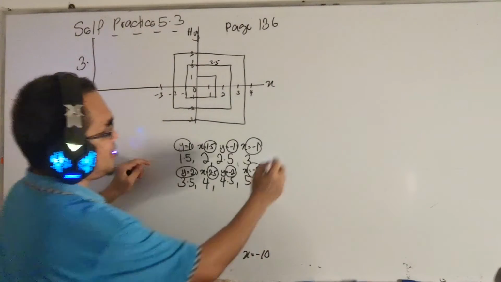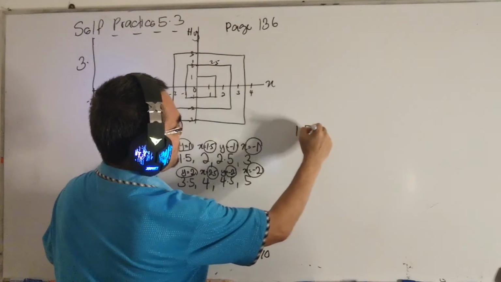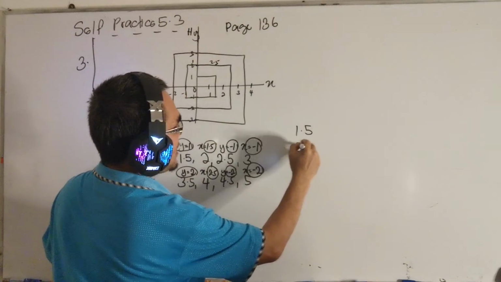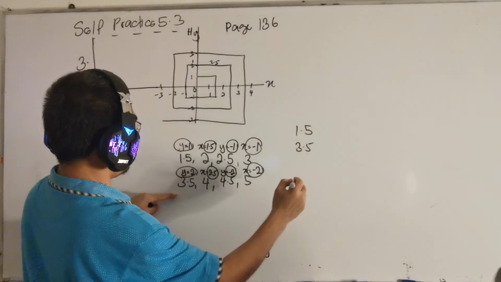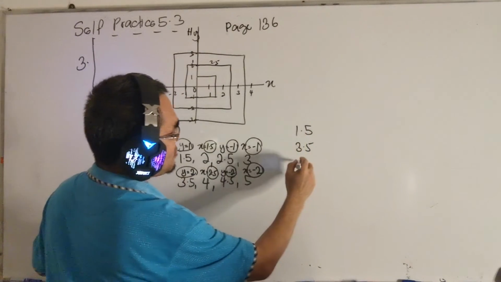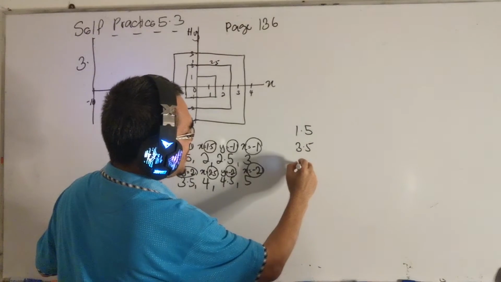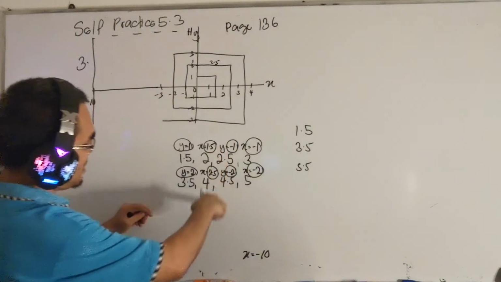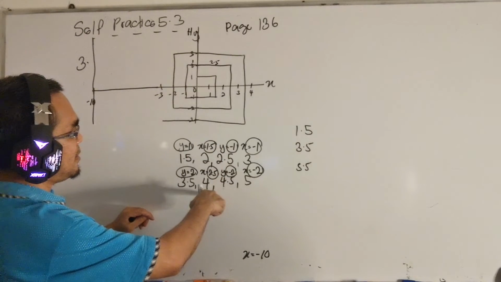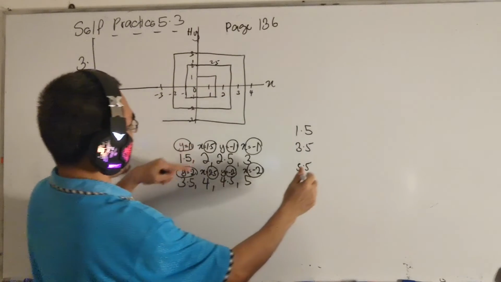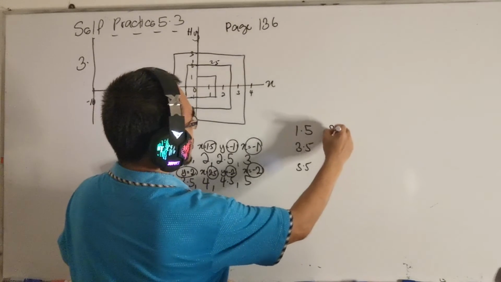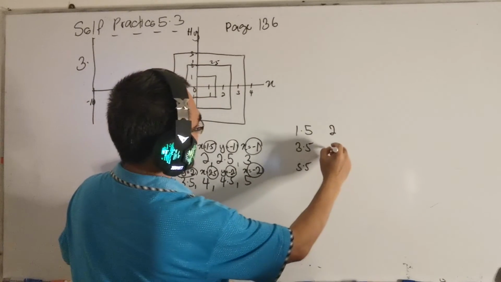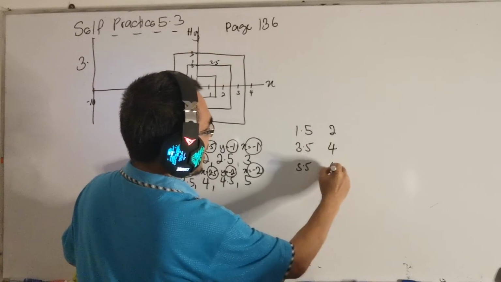We can rearrange it. The first one here is 1.5 and then 3.5, and with a difference of 2, it will be 5.5. Similarly, on the second line, we have 2, then 4, then 6.